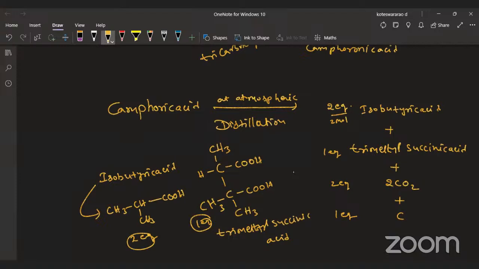Now, in later studies on trimethylsuccinic acid, a British scientist suggests that camphoronic acid is an alpha, alpha, beta trimethyl tricarboxylic acid.